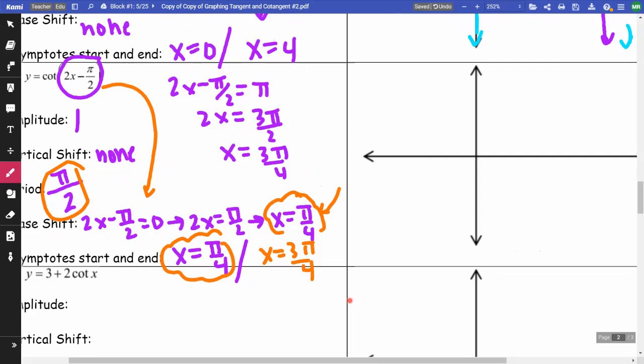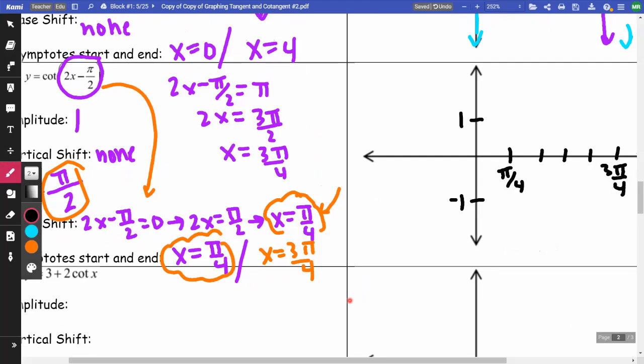So pi fourths, that's 1, 2, 3, 4, 5. And this is going to be 3 pi fourths. I do not have anything as an amplitude, so this is going to be a 1 and a -1.